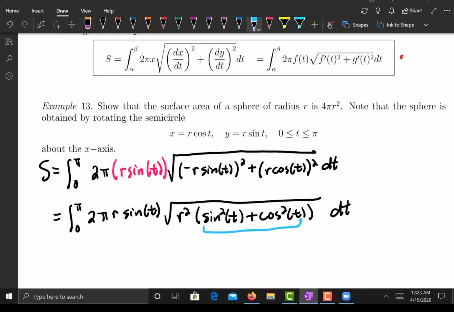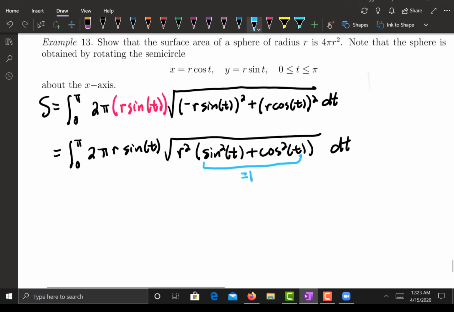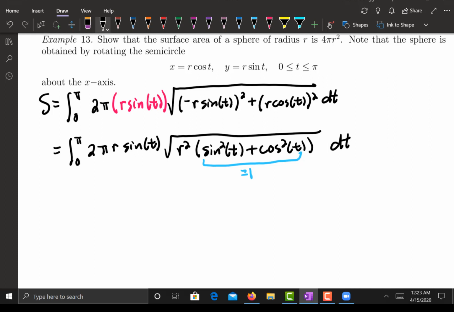I know that this gives me 1, meaning I should have the integral from 0 to pi of 2 pi r times the square root of r squared. And because the radius is positive, because I'm not measuring negative 3 inches.